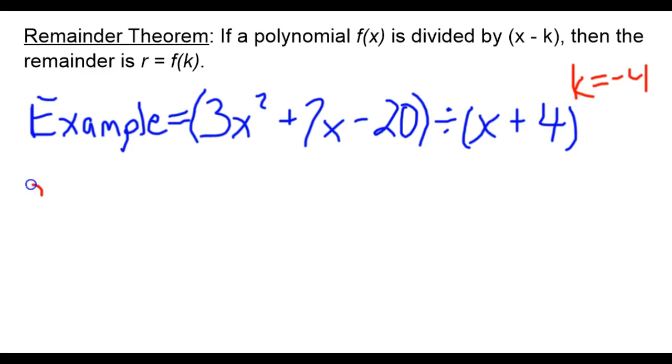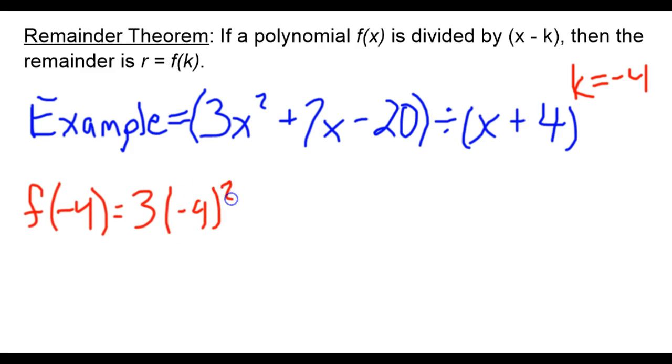So what we need to do is take the value of this function at negative 4. So we have 3 times negative 4 squared plus 7 times negative 4 minus 20. Negative 4 squared is 16. 16 times 3 is 48.